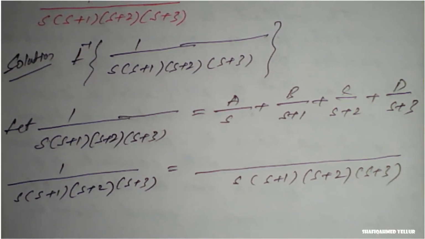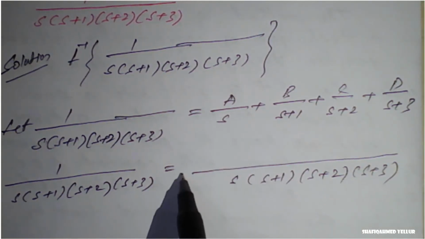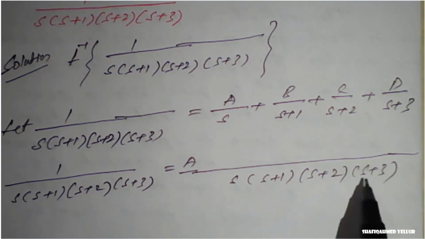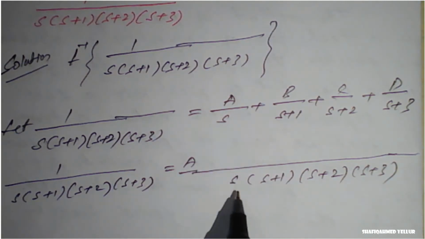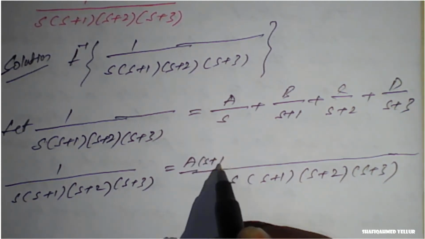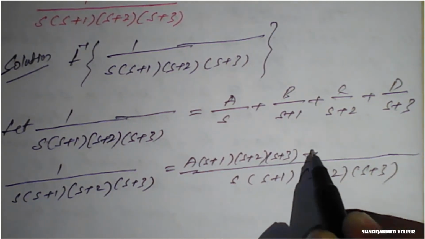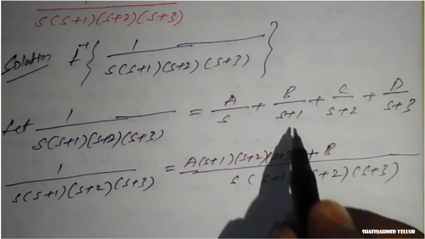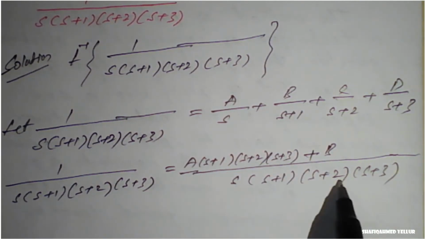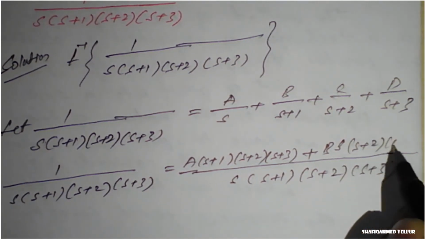On the right hand side, a will be multiplied by the complete denominator divided by s; s cancels, we get the three brackets with a, so it becomes s plus 1, s plus 2, s plus 3. Plus with b, the complete denominator divided by s plus 1, s plus 1 cancels, we get s into s plus 2, s plus 3, and so on.